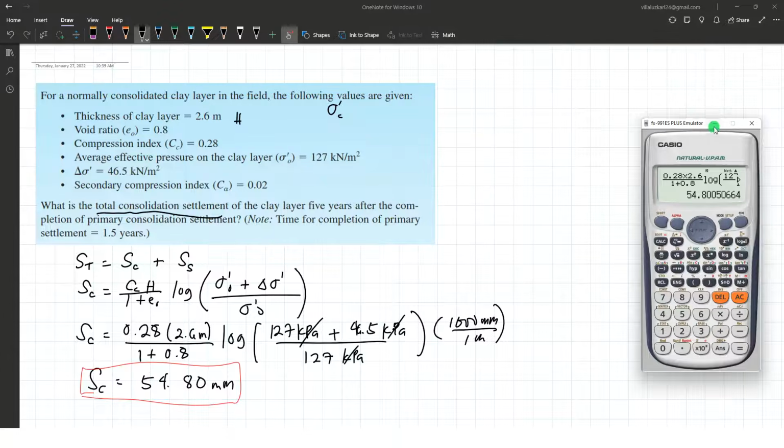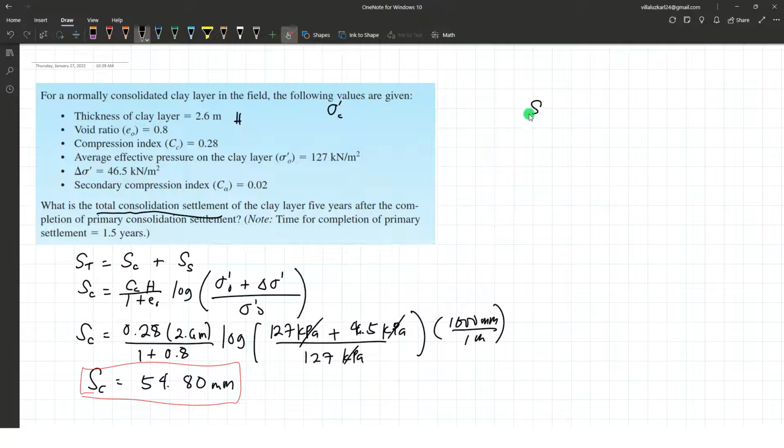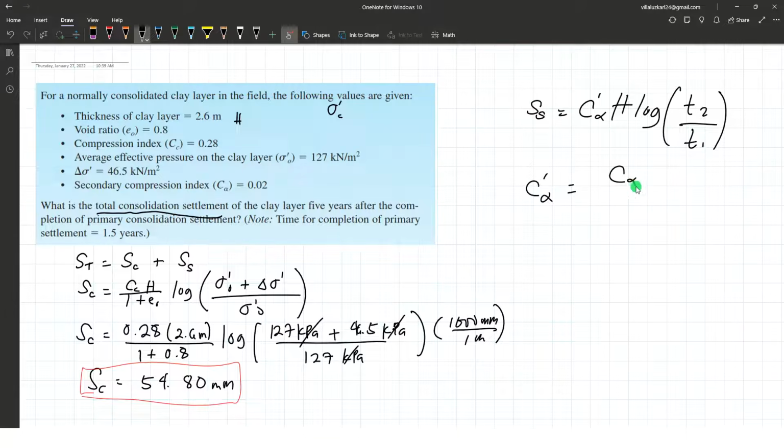For secondary settlement, going back from our general formula for the secondary, based on the lecture, we have C prime alpha H logarithm of T2 over T1. So for C prime alpha, it can be computed as C alpha over 1 plus EP. For EP, that's E0 minus delta E primary.